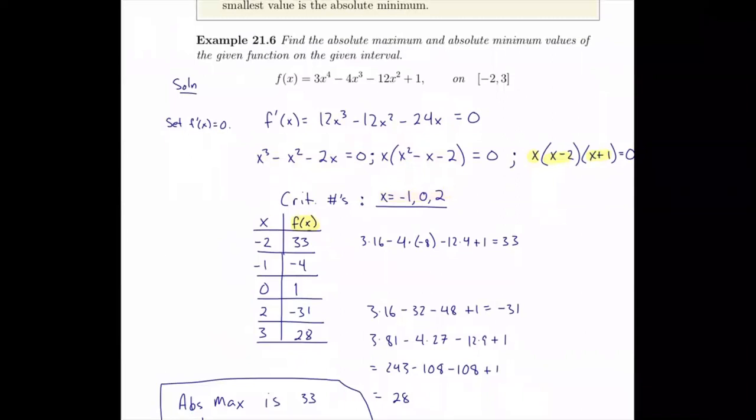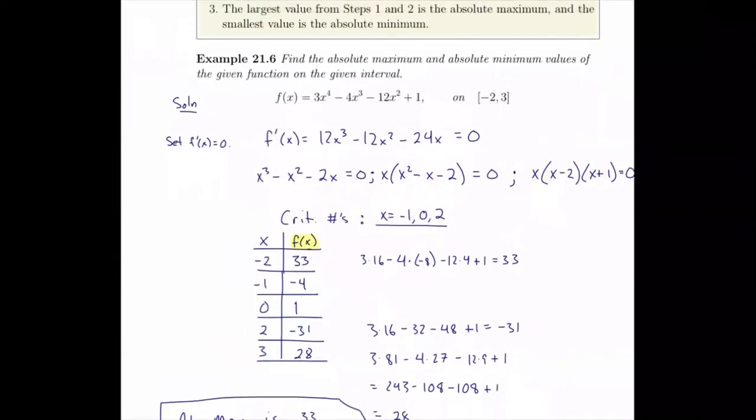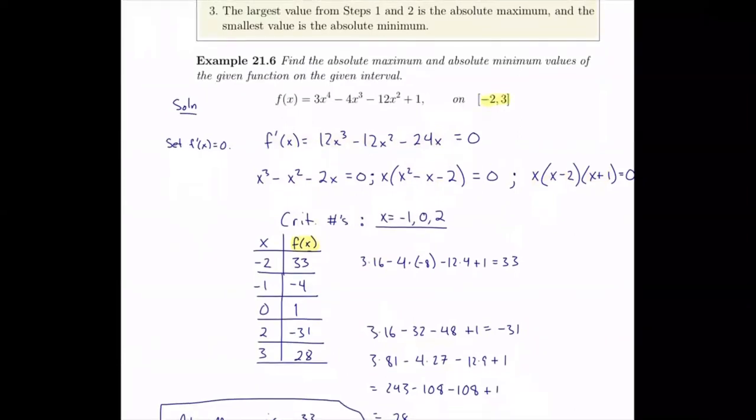I don't have any critical numbers that arise from the derivative being undefined, because this function is defined everywhere. It's a polynomial, so it's just fine. I don't have any does-not-exist critical numbers, so I don't need to list those. In my interval -2 to 3, all 3 of these critical numbers fit.